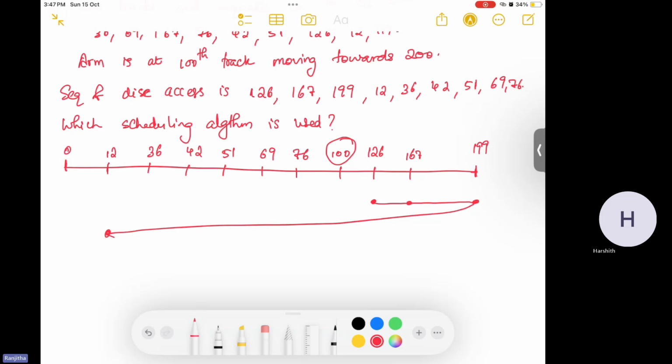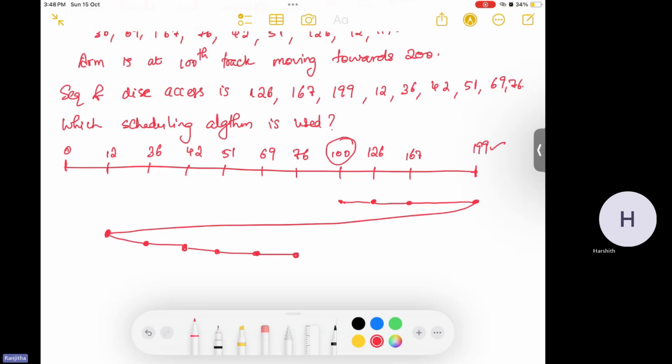Then after 12, it accesses 36, then 42, then 51, then 69, and 76. So see, from 100, it is going in the forward direction. It is going till 199, and 199 is there in the request also. Then it is coming in the reverse direction all the way to 12.